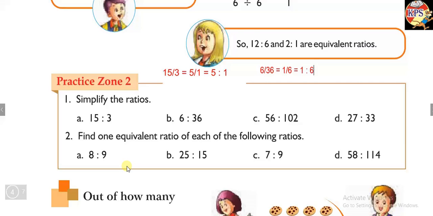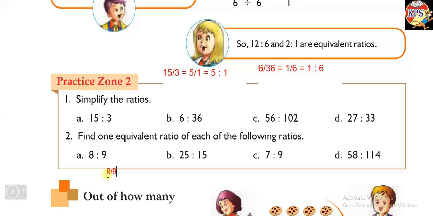How will you find the equivalent ratio? I have told you in the fraction chapter that we can find the equivalent fraction by multiplying or dividing both the numerator and denominator by the same number. Suppose 8:9 is given, so we can write it like 8/9. 8/9 cannot be cut by any number, meaning both numbers cannot be cut by the same number.